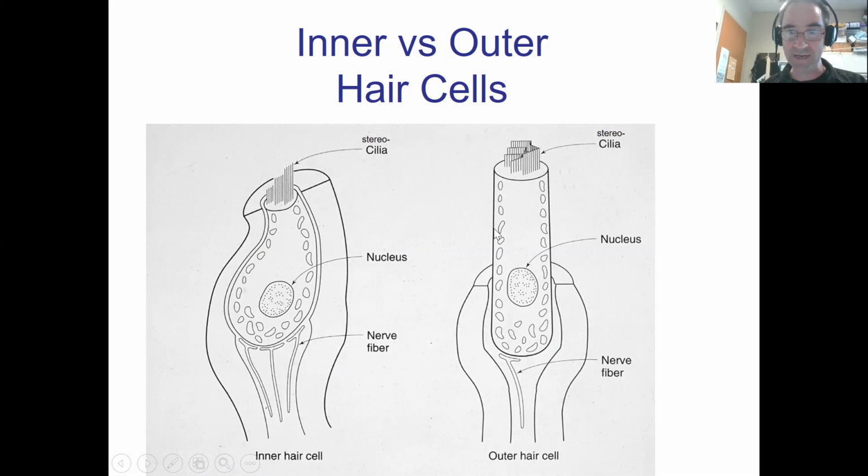And here we see an outer hair cell, which is more of a straight up and down cylinder. It also has nerve fibers connected to it, but it has this different shape. And we'll see later that there are special proteins in that cell that make it able to mechanically vibrate itself. And on top of each one, the only parts sticking out into the fluid in scala media, that's the endolymph, are these stereocilia. There are some close-ups, but you can see they have a special arrangement.